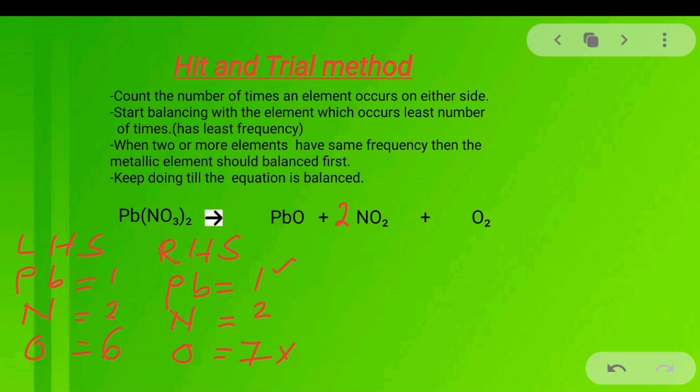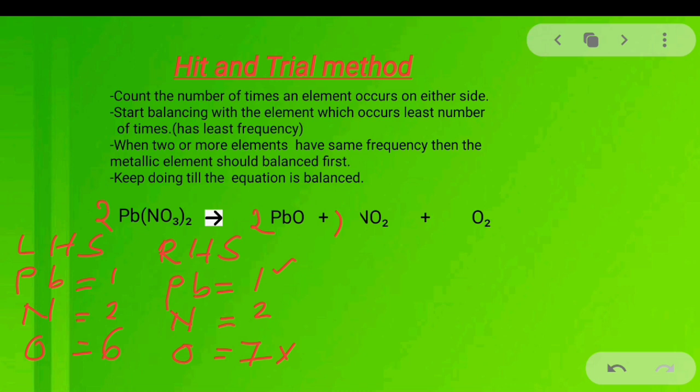So what to do to balance the oxygen atoms? If you multiply by 2 here, what will you get? You will get 2 PbO. Now you need to multiply 2 with this because we are multiplying the equation by 2.